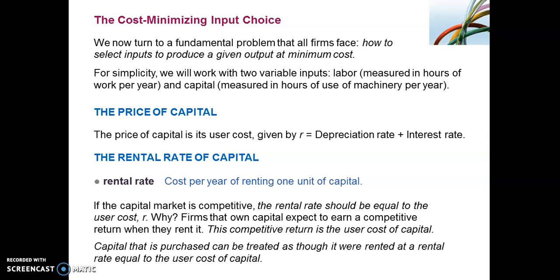So the capital that is purchased can be treated as though it were rented at a rental rate equal to the user cost of capital. So we are going to assume for our analysis that the firm rents all its capital at the price R, which is the rental rate, and firms also use labor at a wage rate W.